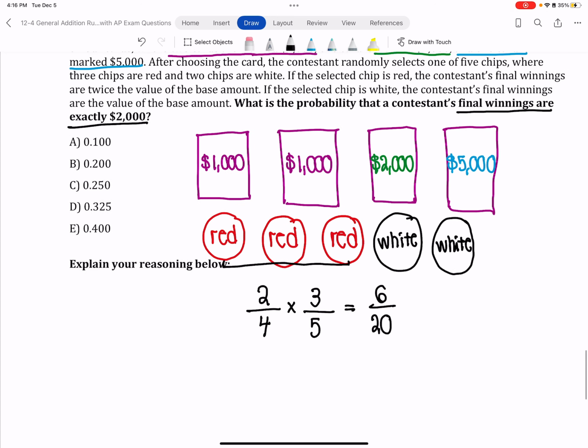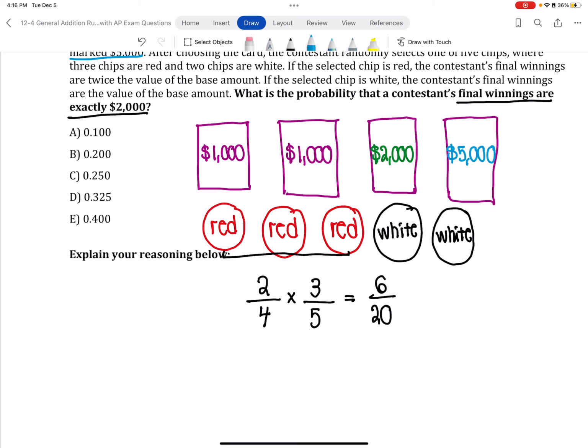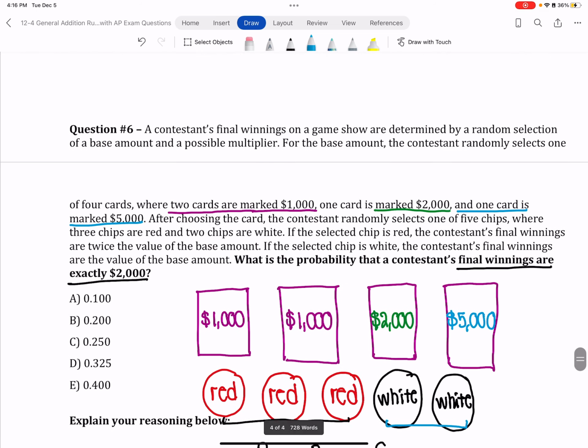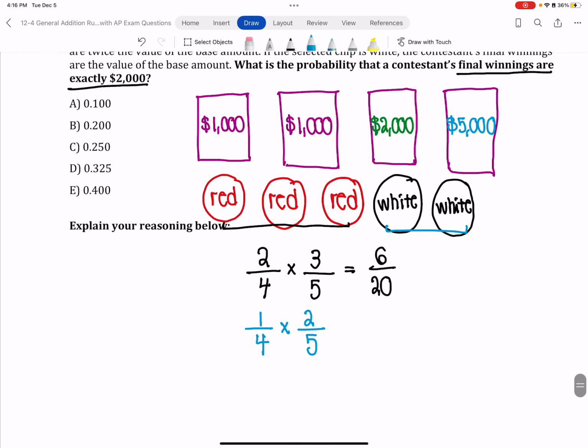So that's one possibility. But that's not the only one, as we talked about. The second possibility is actually selecting a $2,000 card. And there's only 1 out of 4 cards that says $2,000. And so if we select this card out of the 5 chips, we actually want the white chips. And there are 2 white chips out of the 5 chips in total. And we end up getting 2 out of 20.